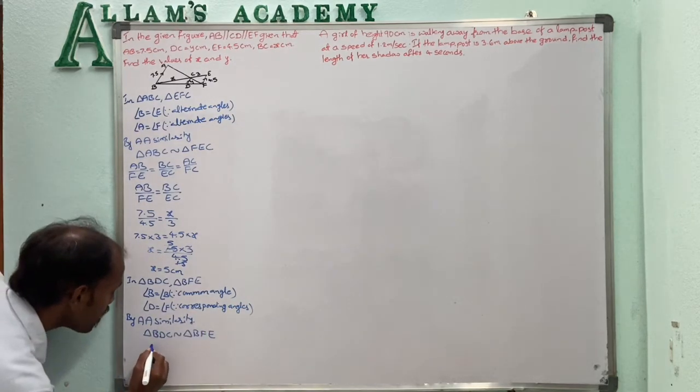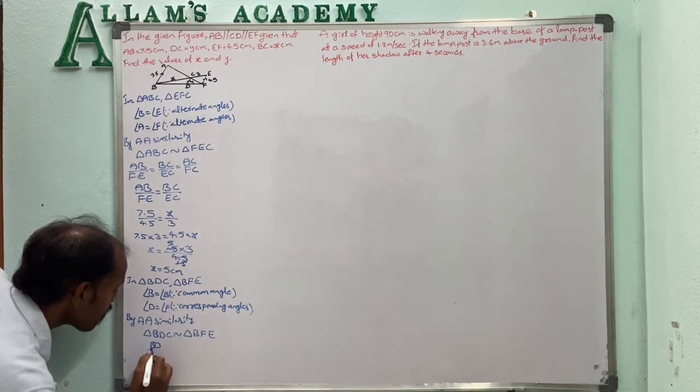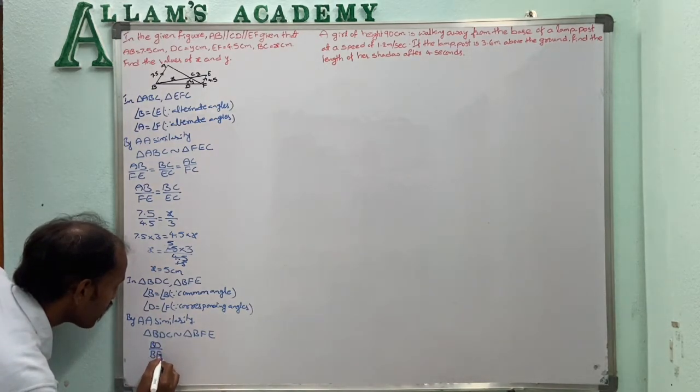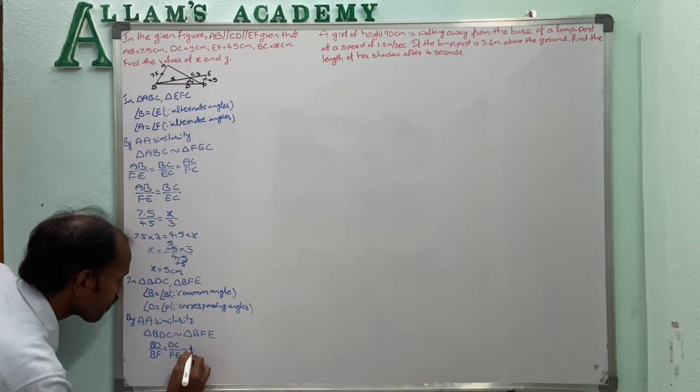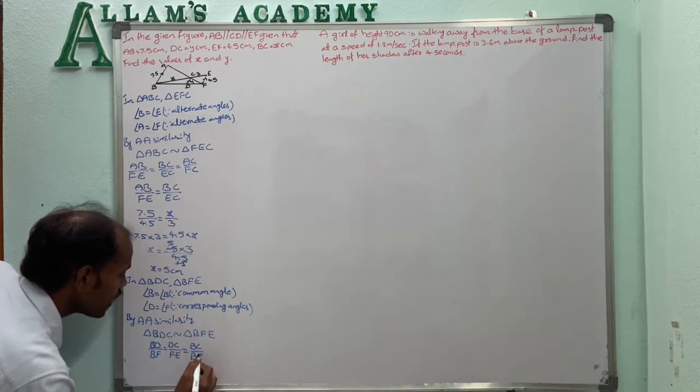So BD by BF equals DC by FE, which equals BC by BE.